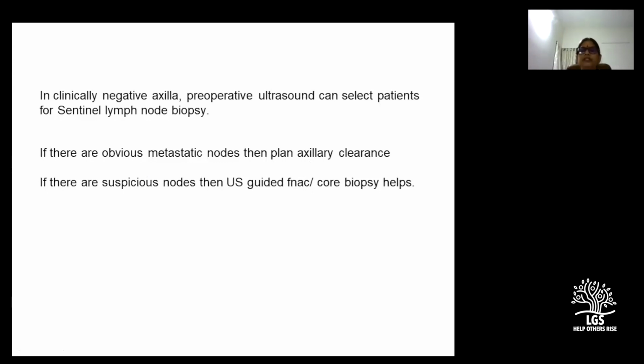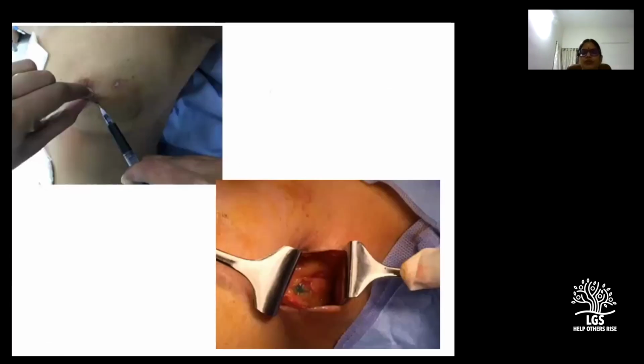And it's worth biopsying it. One, it provides better staging. Two, if it is granulomatous, then we don't have to sacrifice all the nodes. So even if it is obviously metastatic, on ultrasound we now do a sampling of the node.